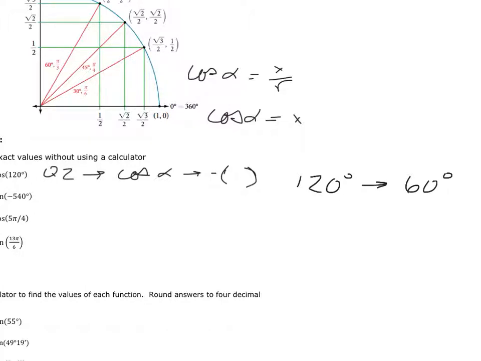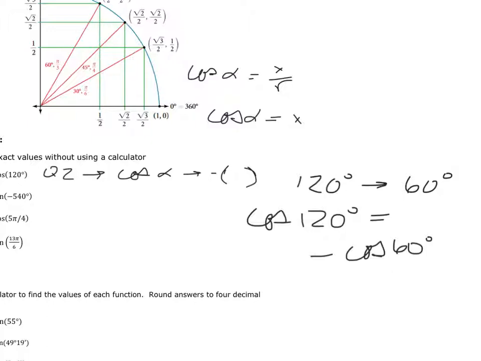So I know that the cosine of 120 degrees is the same thing as the negative, because I'm in quadrant number 2, of the cosine of 60 degrees. It's my reference angle, then I just have to remember if it's positive or negative based on where my terminal side is. My terminal side is in quadrant 2, so it is a negative. So now I just do the cosine of 60 degrees.